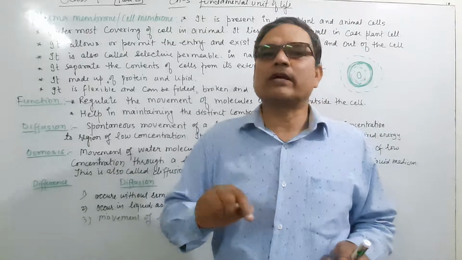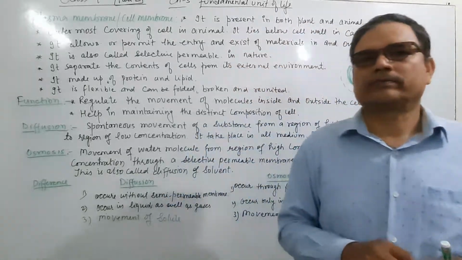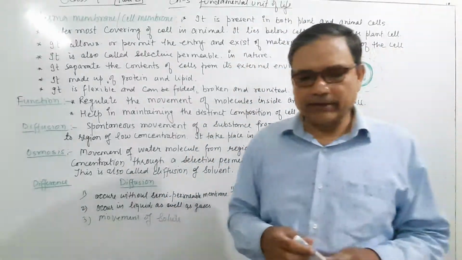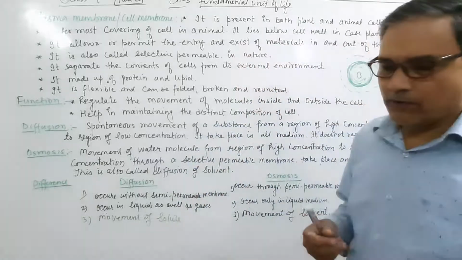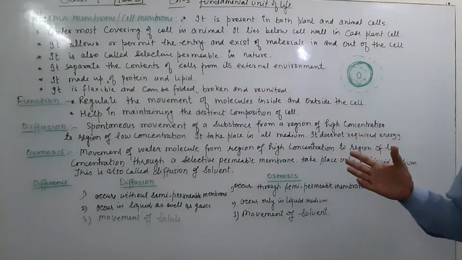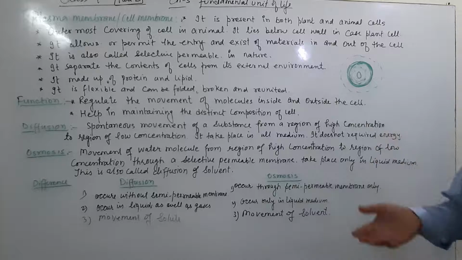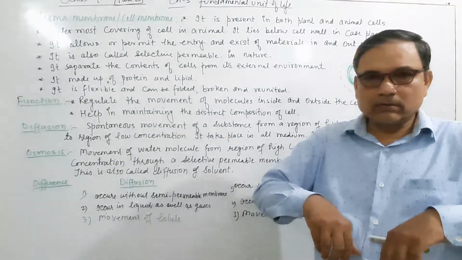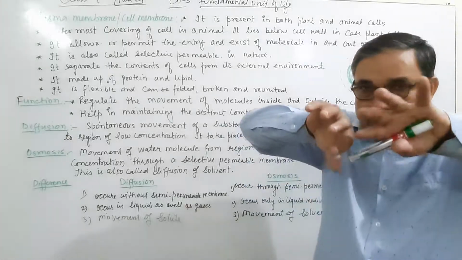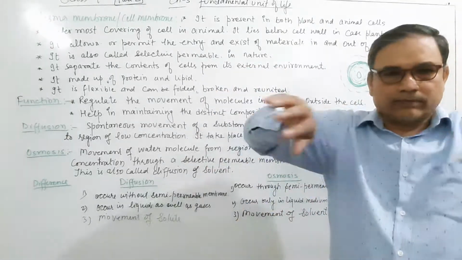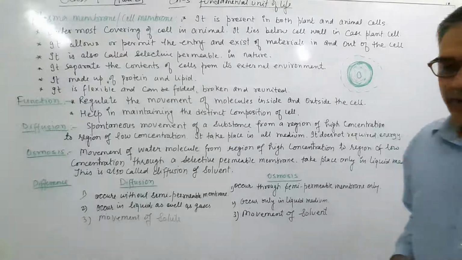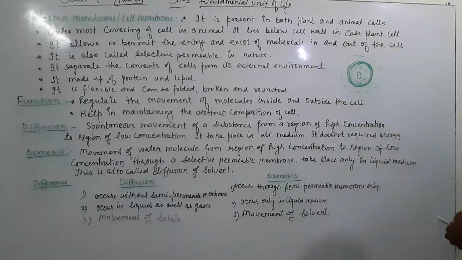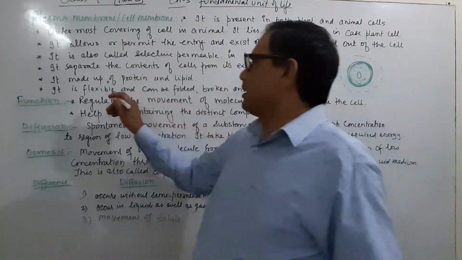This process is known as endocytosis. It means that due to the flexibility of the plasma membrane or cell membrane, the cell engulfs food and other material from the external environment. This process is known as endocytosis.